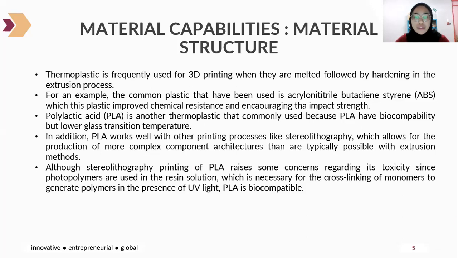For an example, the common plastic that have been used is acrylonitrile butadiene styrene, or we call as ABS, which this plastic improve chemical resistance and encouraging the impact of strength.